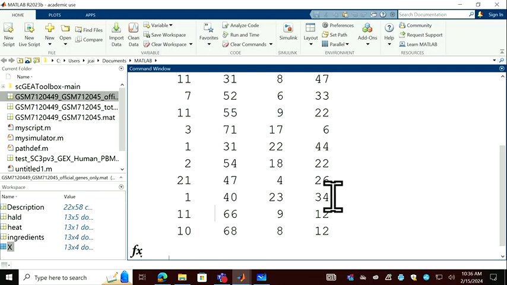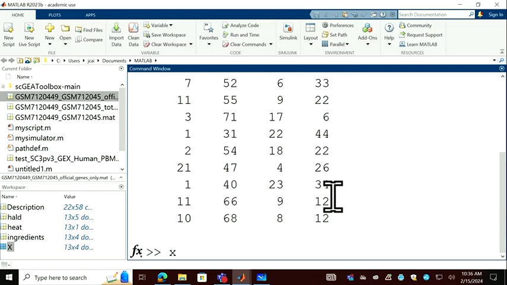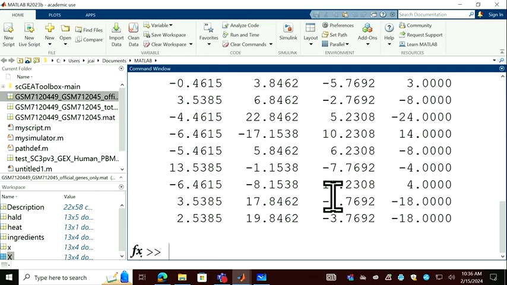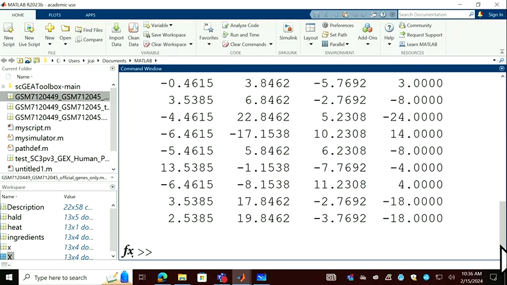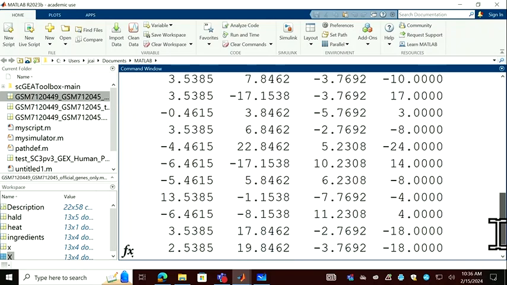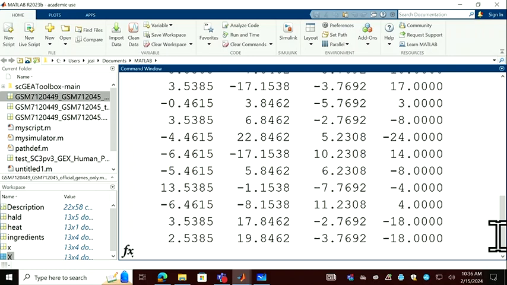So what we can do is compute the centralized data, and this will be done by X minus mean X. Just that simple. So we are going to use small x to replace the original data. Again, there's no transformation.